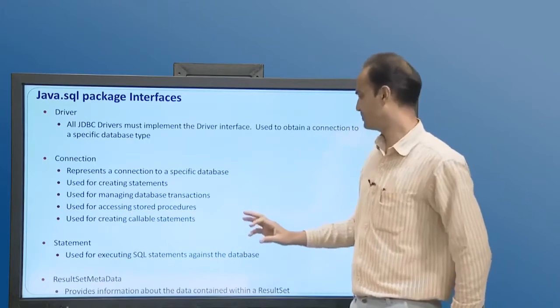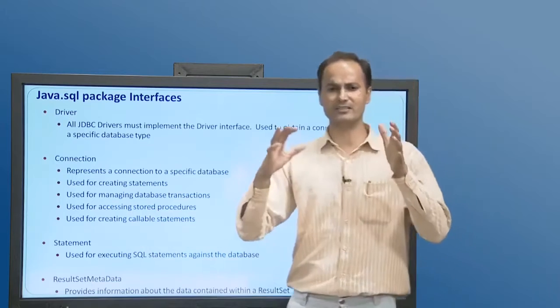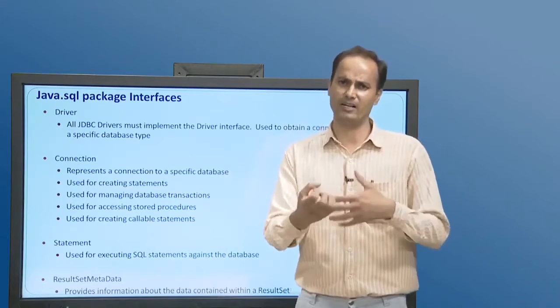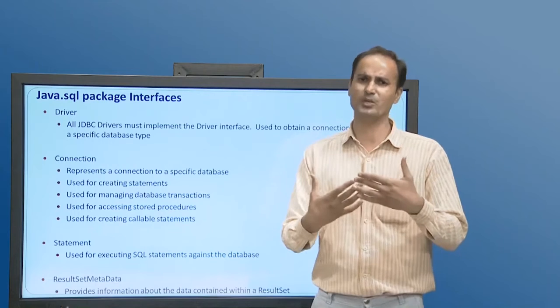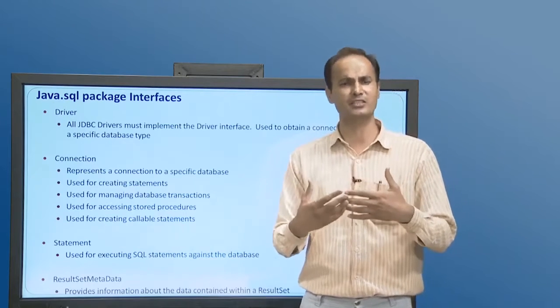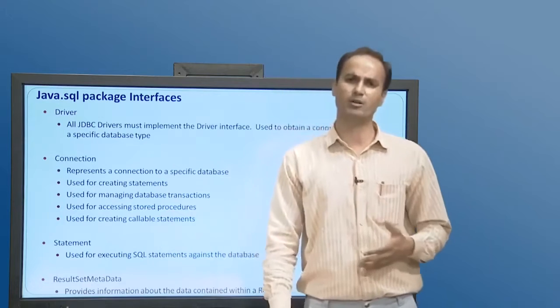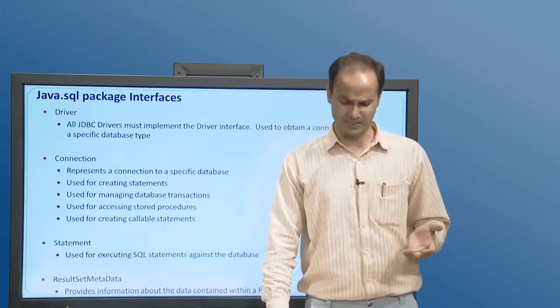ResultSetMetaData provides information about the data of the result set, that is, data about data. If you want deeper information regarding the result set returned by the SQL query, we can use the ResultSetMetaData interface, which has a number of methods which return the metadata.